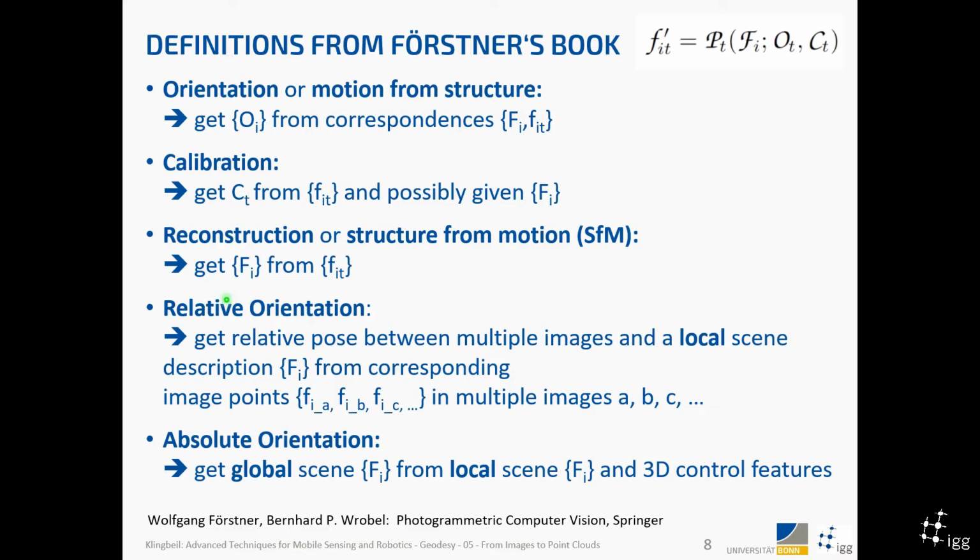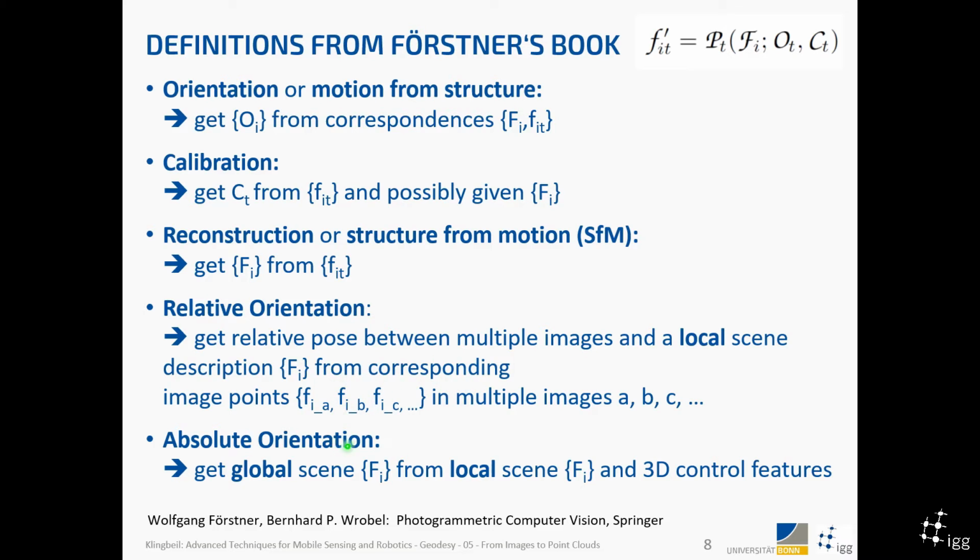But the main point here is that it's relative. We determine all the relative poses between the images, and also a local scene representation, or local structure, from corresponding image points which are visible in all these multiple images.